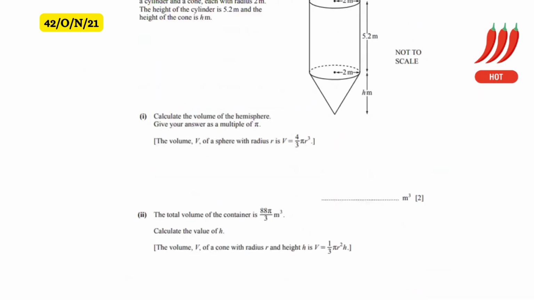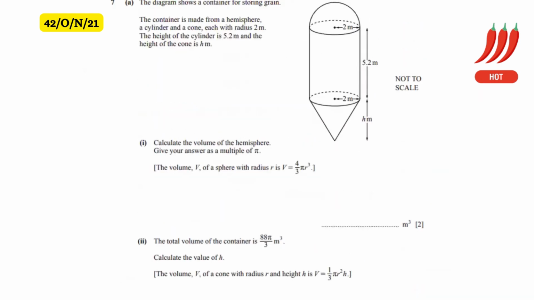So for the total volume, there's a hemisphere, there's a cylinder, there's a cone. For the hemisphere, we already found the volume, which was 16 pi over 3. For the cylinder, it's going to be pi times 2 squared times 5.2.